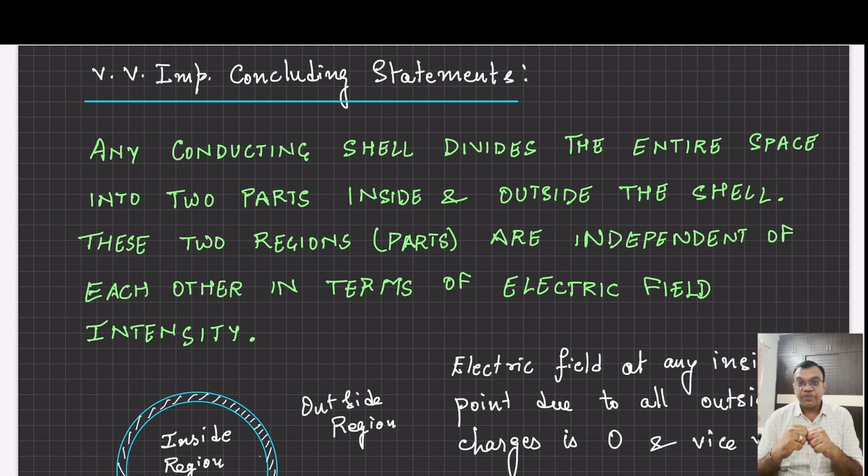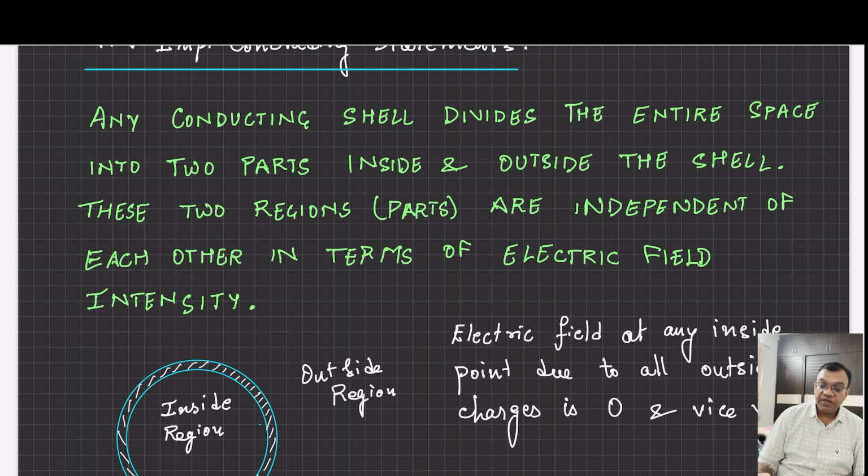Interference will be there, right? But the total effect of all outside charges at any inside point is 0, and the total effect of all inside charges at any outside point is 0. So once again, I am summarizing. Any conducting shell divides the entire space in two regions, inside and outside.